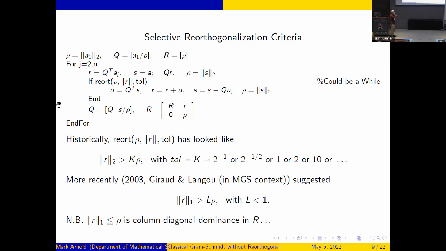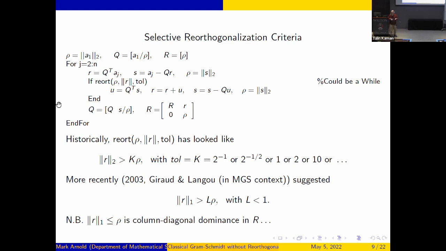But here you ask the question, should I reorthogonalize? And if the answer is yes, then I just do this Gram-Schmidt process again, and then I update my R and update my rho. And this could be a while loop instead of a for loop.